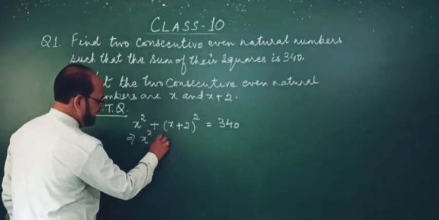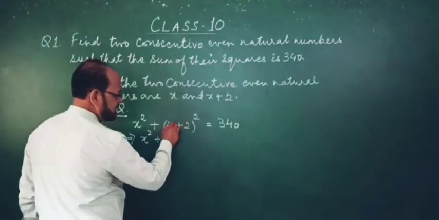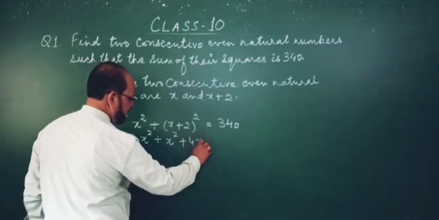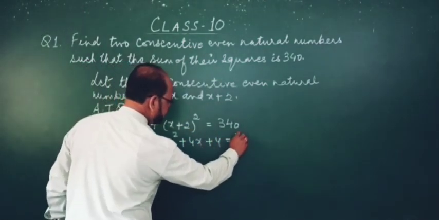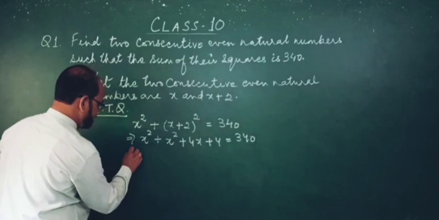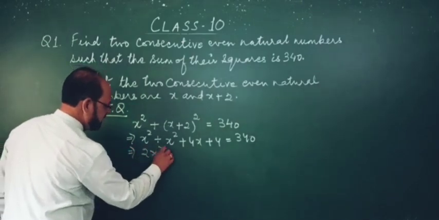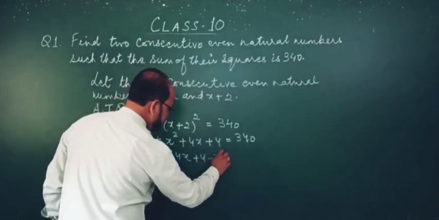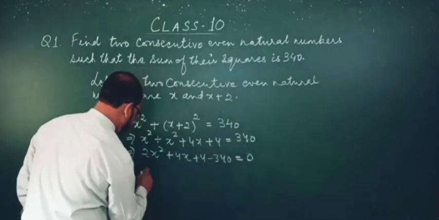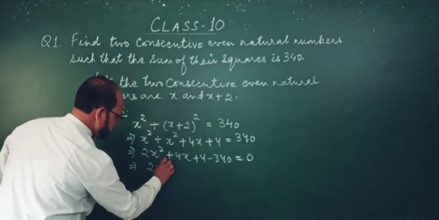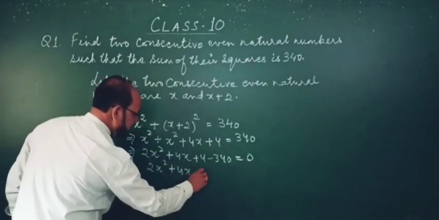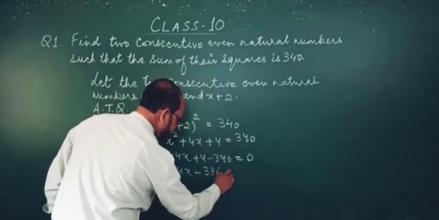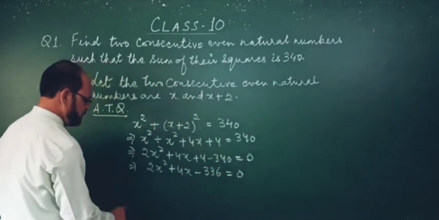So it is x square plus, this is a plus b whole square, it will give you a square plus 2ab plus b square, equals 340. x square and x square will be 2x square, plus 4x, and 340 you will bring down this side, minus 340 equals 0. This is 2x square plus 4x minus, we'll subtract 4 out of 340, this will be 336 equals 0.